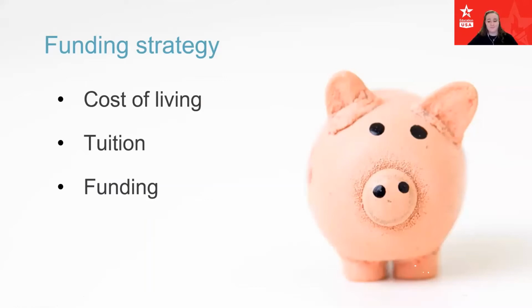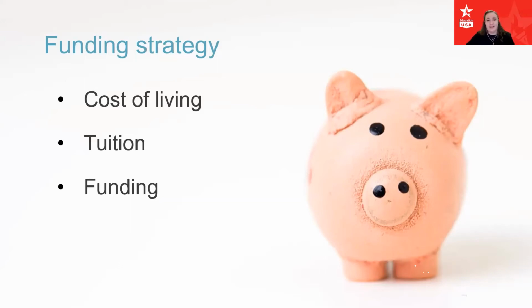It's exactly the same as here in the UK, where living in London is much more expensive than living in, say, Lancaster. New York and California are going to be a lot more expensive than states like Ohio or Georgia.